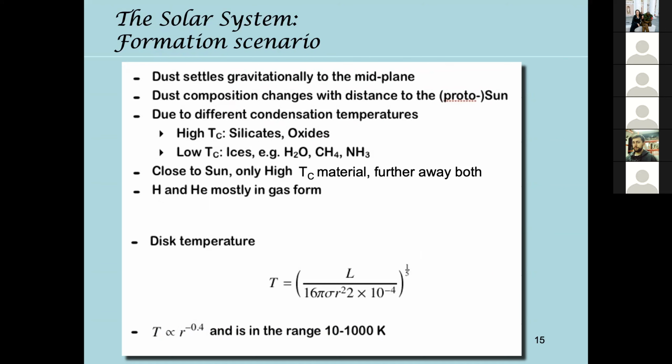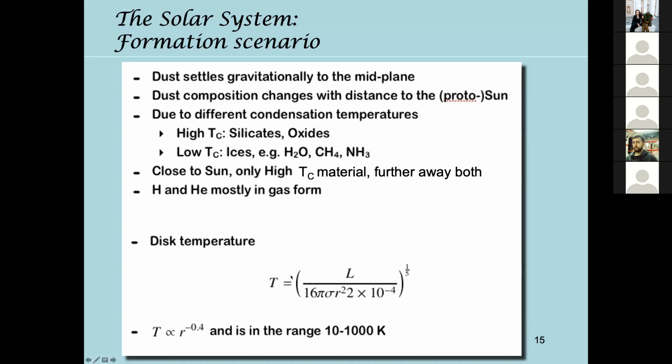They all have their own compositions that probably reflect the different condensation temperatures of these volatiles. Of course, if you are close to the sun, you will be left only with rocky material that has high condensation temperature, and this implies silicates, for example, or oxides, but mainly amorphous silicate material. And as you move outward, you will get more and more ice on top of these silicates.